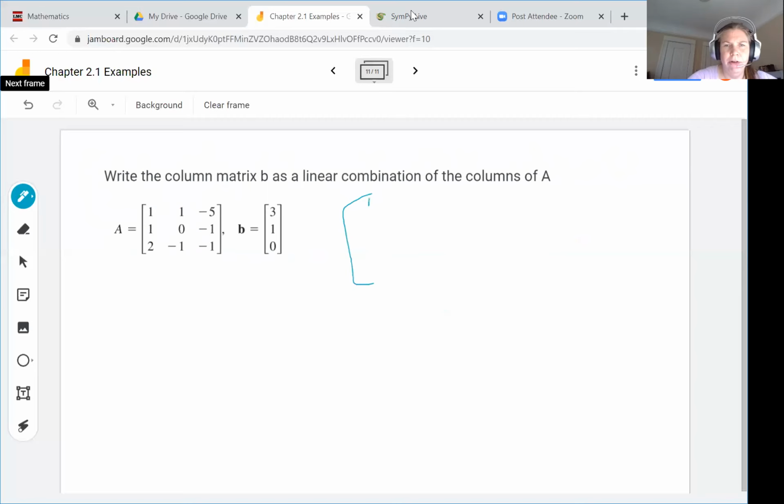So our augmented matrix is going to be 1, 1, 2, 1, 0, negative 1, 5, negative 1, negative 1, and then augmenting with matrix B, 3, 1, 0 here.